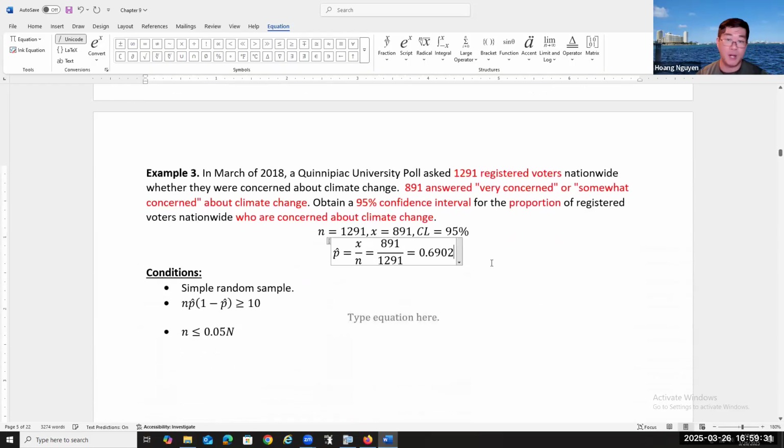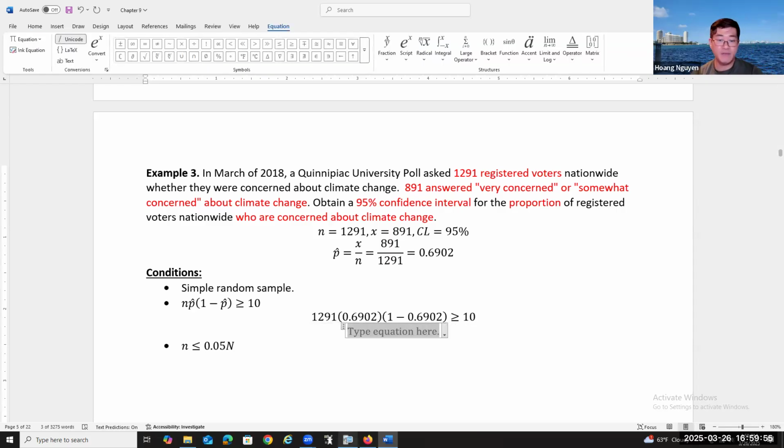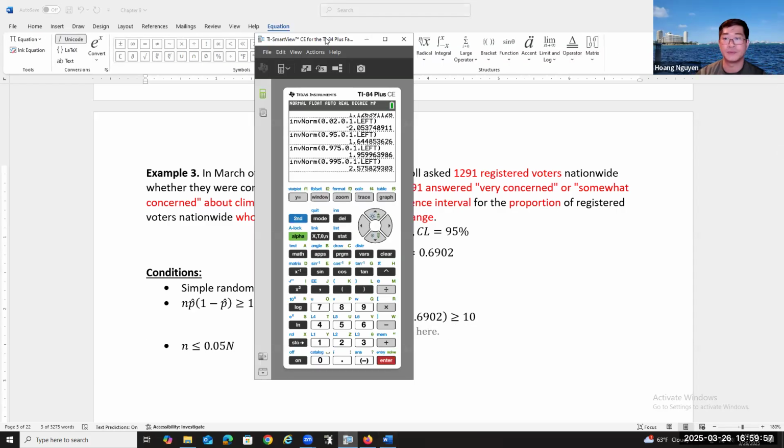Now we are ready to plug in to double check the second condition. The sample size n is 1,291, the sample proportion 0.6902, 1 minus 0.6902. You want to make sure that this is more than or equal to 10. Okay. Let's see if it's true.